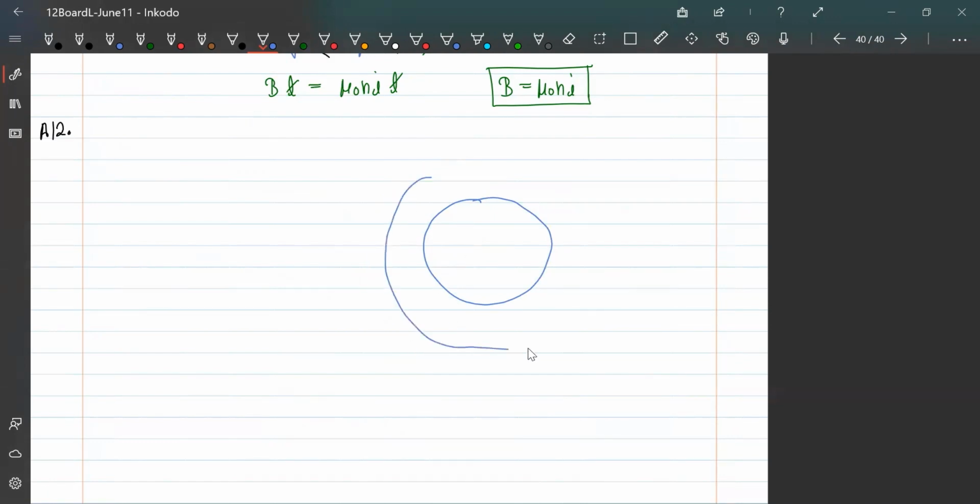Fine. Make a donut and then just add lines etc. to the picture. That would be sufficient. Then an Ampere loop show करना है, so that will be a circular Ampere loop like this.